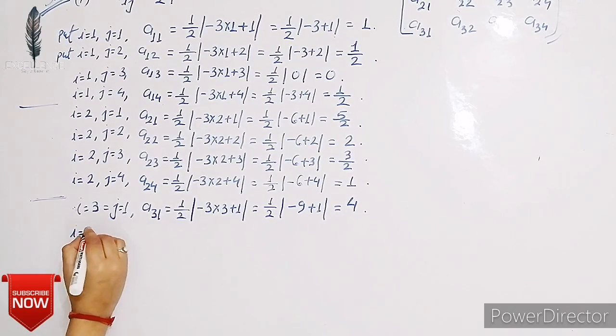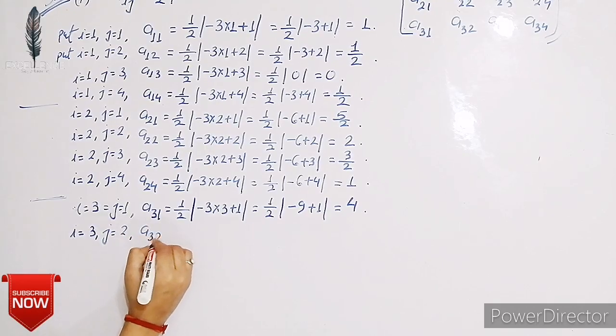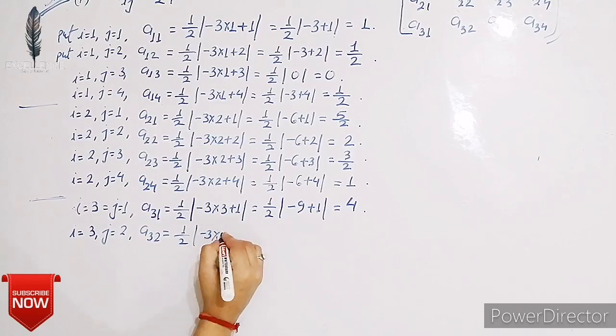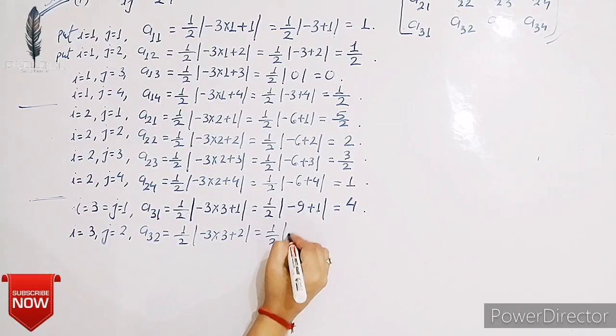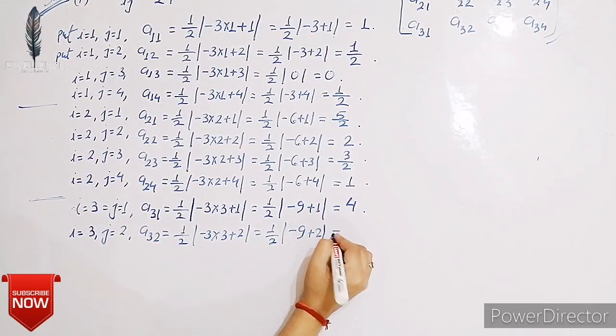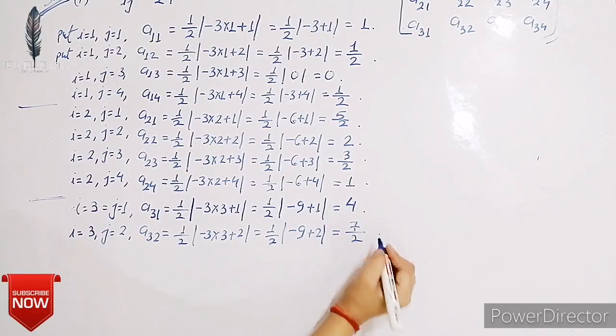For next element, i equals 3, j equals 2, that is A32 is equal to 1 by 2 minus 3 into 3 plus 2, is equal to 1 by 2 minus 9 plus 2, is equal to 7 upon 2.